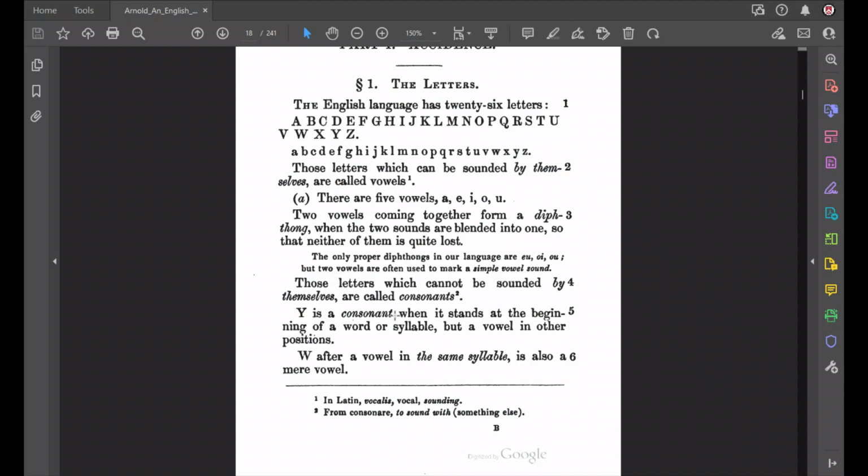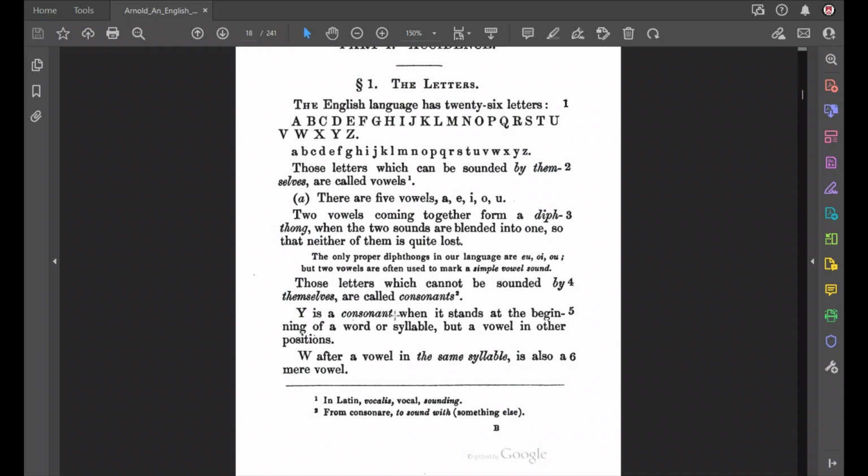We read in our lesson that Y, for example, is a consonant when it stands at the beginning of a word or syllable, but any place else it's used as a vowel. And we learned that W, after a vowel in the same syllable, is also treated like a vowel.